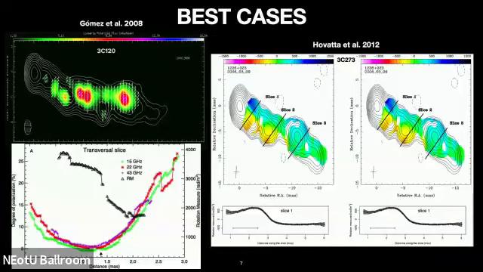Here I show you two of the best cases we have right now. It is 3C120 by José Luis Gómez, 2008, and Asada and Nakamura, 2012, on 3C273. They measure, as you see here, a gradient in rotation measure and a stratification of the fractional polarization.